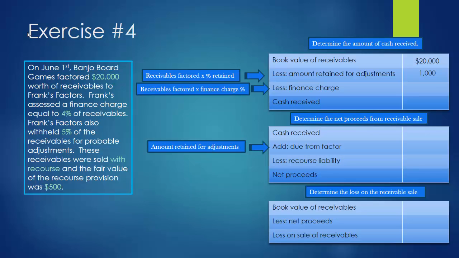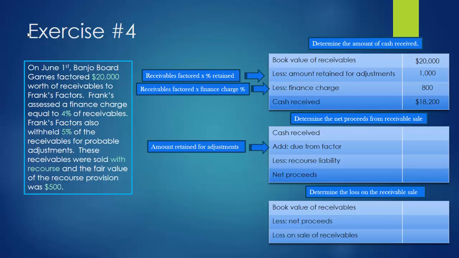That finance charge is a percentage of the receivables as well. They think it's 4%. So 4% of $20,000 in receivables is $800. So yes, we're selling them $20,000 worth of receivables, but they're going to hold on to $1,000 in case there's bad debt, and they're going to charge us $800 for the privilege of transferring cash to us now, which means that amount of cash that's going to be transferred is $18,200.